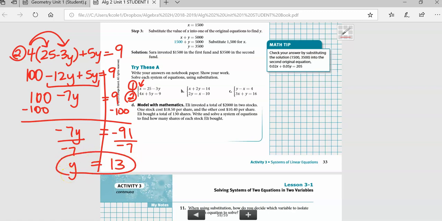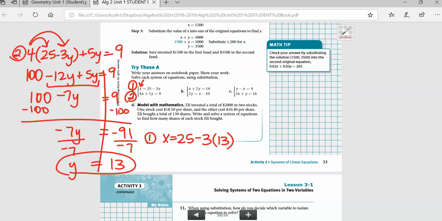Now, that's only part of the solution because remember, what we're really looking for is their point of intersection. So we're trying to figure out where exactly they're going to intersect. So I need to plug that back in. I'm going to plug it back into the first equation. So X equals 25 minus 3, and instead of y, I'm substituting in 13.